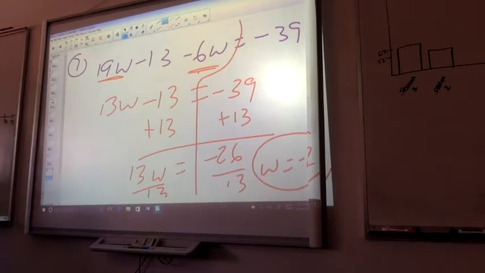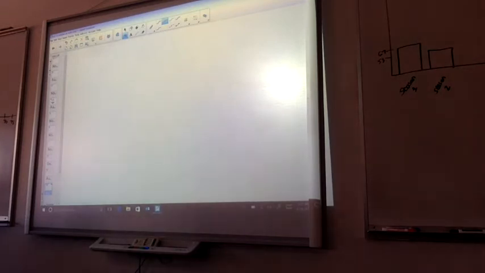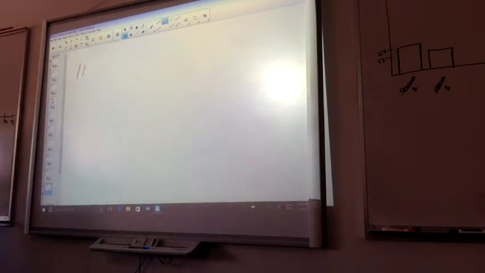Yeah. 11. Is that a word problem? 11. Let's see what this is here. Alright, the difference of 6 times a number and 7 is equal to negative 49.